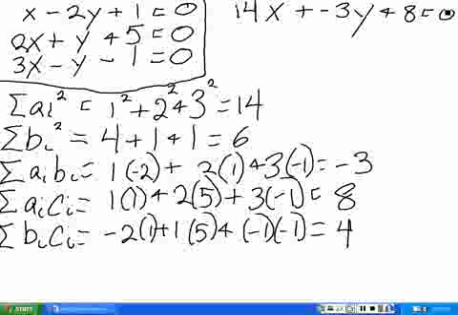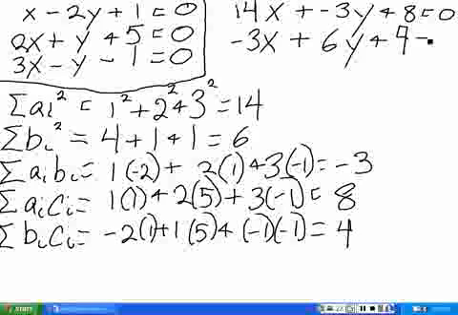And then I take the aibi, so I get minus 3x there, and then the bi squares, so that's going to be plus 6y, and then the bici's, so that's plus 4 equals 0. And solving that system of two linear equations is going to give us our approximation.